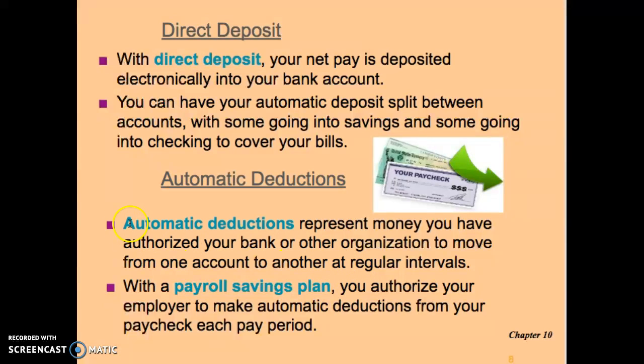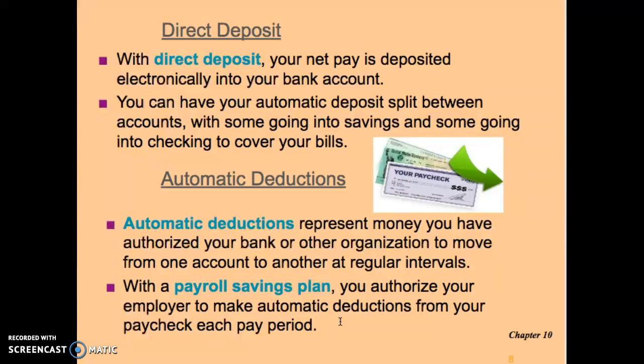So I get paid on the 15th, an automatic deduction is taken out on the 16th. It could also be something that you're moving from one account to another. You could have it taken out and put into an investing account. So it goes into your bank account and then a few days later it's invested. So it's automatically deducted.